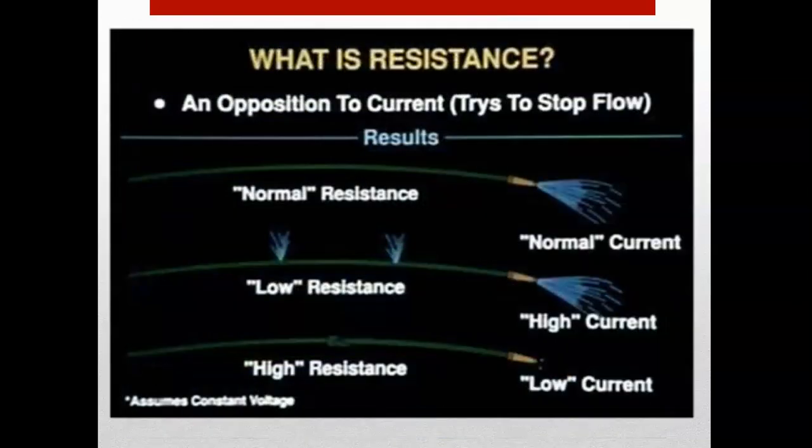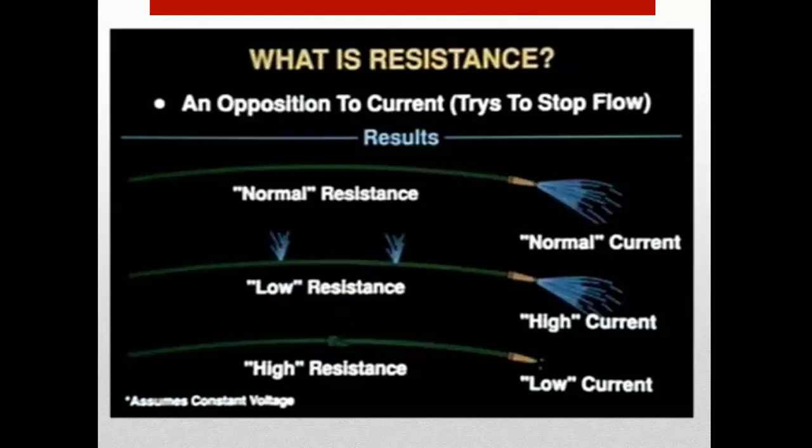All right. Next, we're going to talk about resistance. So what is resistance? Resistance is opposition to the current. So what can slow or stop the flow of the current? We're going to continue our garden hose analogy. If the resistance is normal, then the current is also normal.